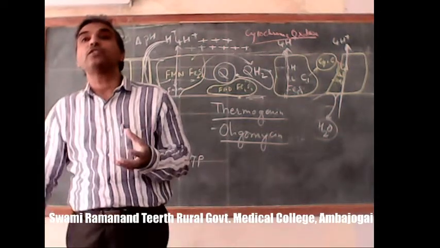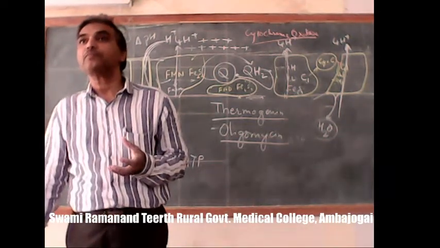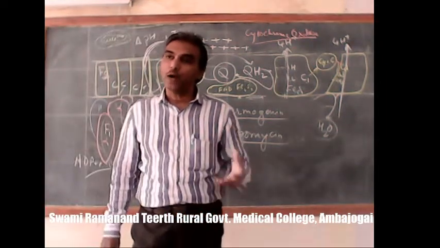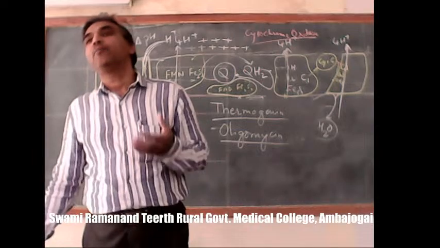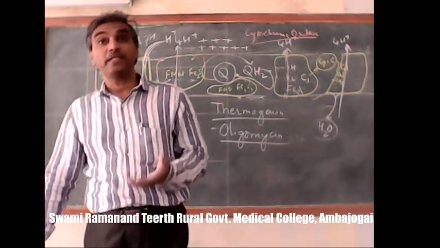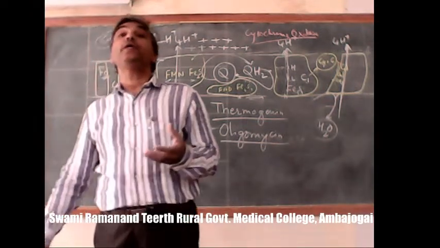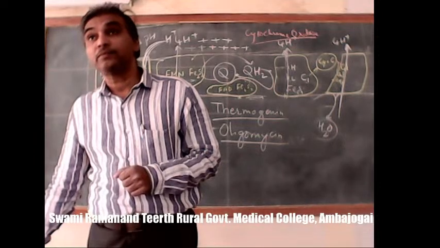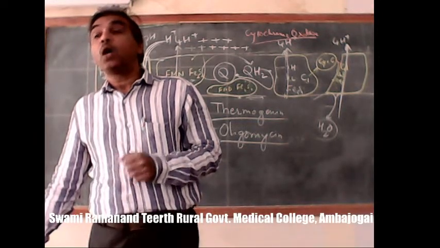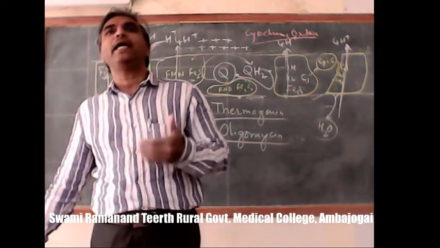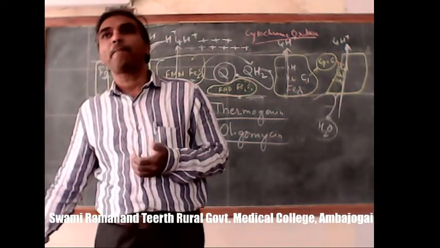It inhibits oxidative phosphorylation. Complex by complex, complex 1 is inhibited by the fish poison rotenone or piericidin. Complex 2 is inhibited by malonate. Complex 3 is inhibited by antimycin or BAL, British anti-lewisite.